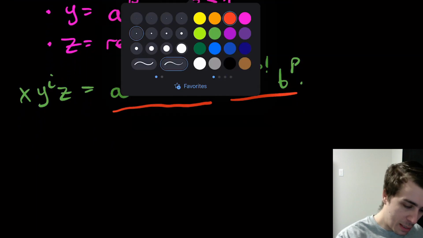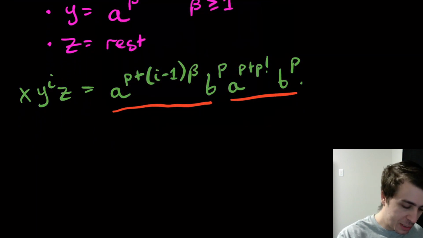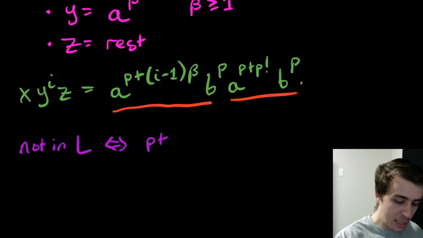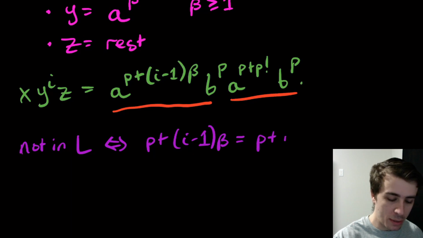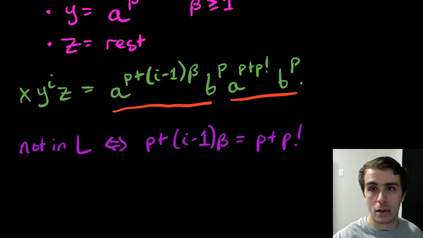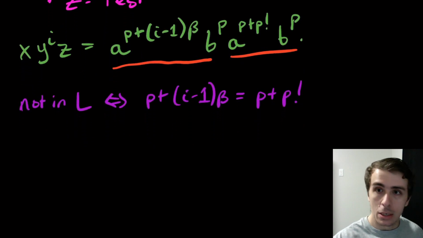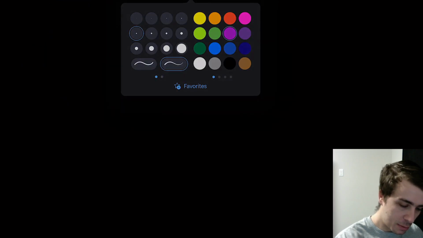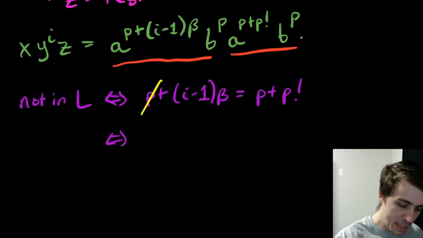So this is not in L if and only if the exponent on the first part is equal to the exponent on the second run of a's. Let's simplify this a little bit. We have p on both sides, so the p's get canceled.